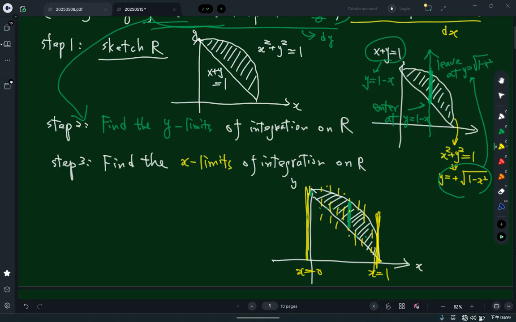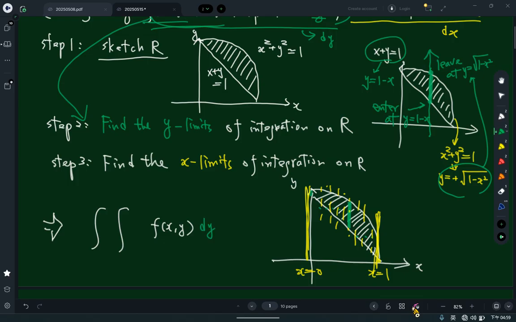So with the help of these figures, finally we can get the integration as a double integral of f of x y, and we go for dy first.